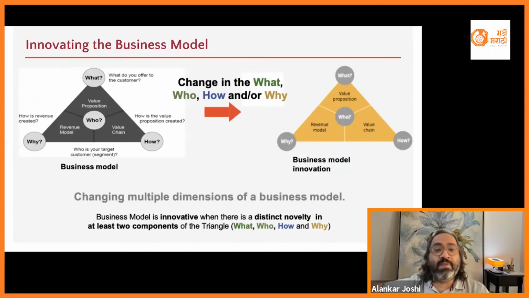So when you're doing something novel, it could be around customer segments that you're targeting, or you're maybe creating a whole new customer segment which didn't exist earlier, or it could be the way that you're delivering that value to that customer segment. Maybe the value proposition itself is being innovated upon, or it could be a revenue model that is new, right?